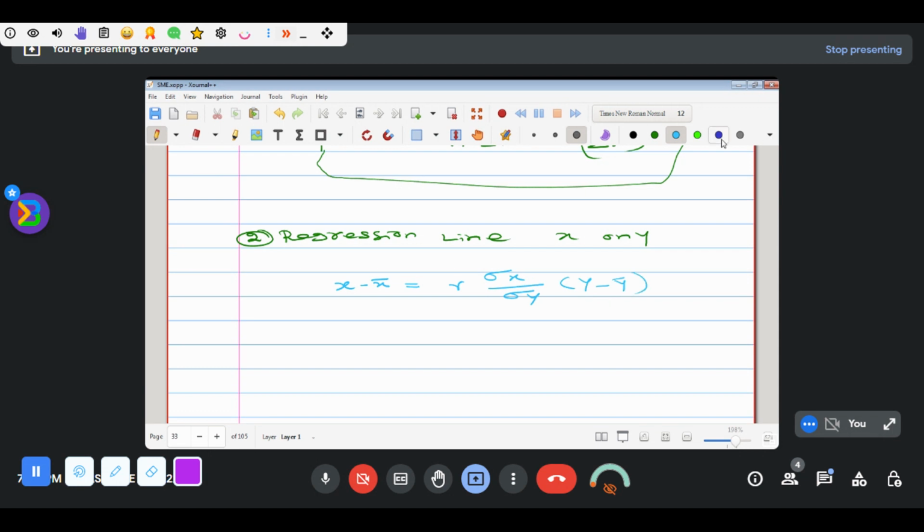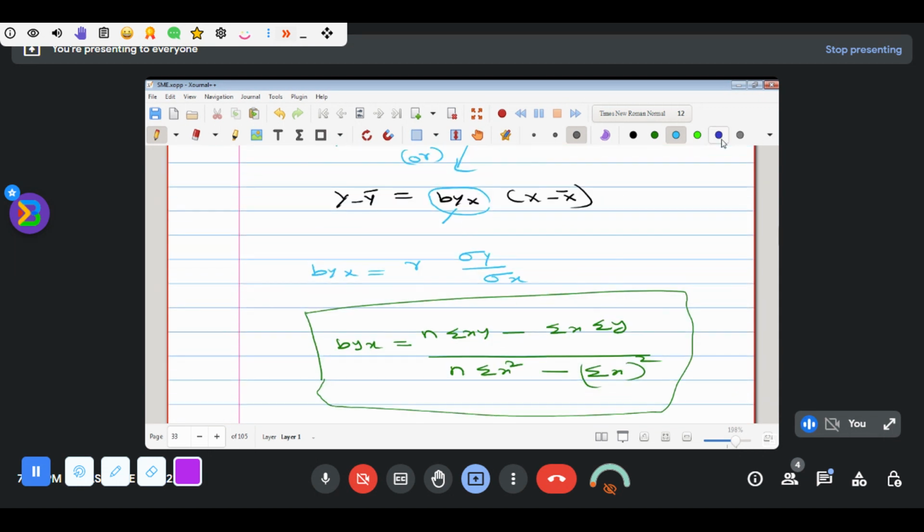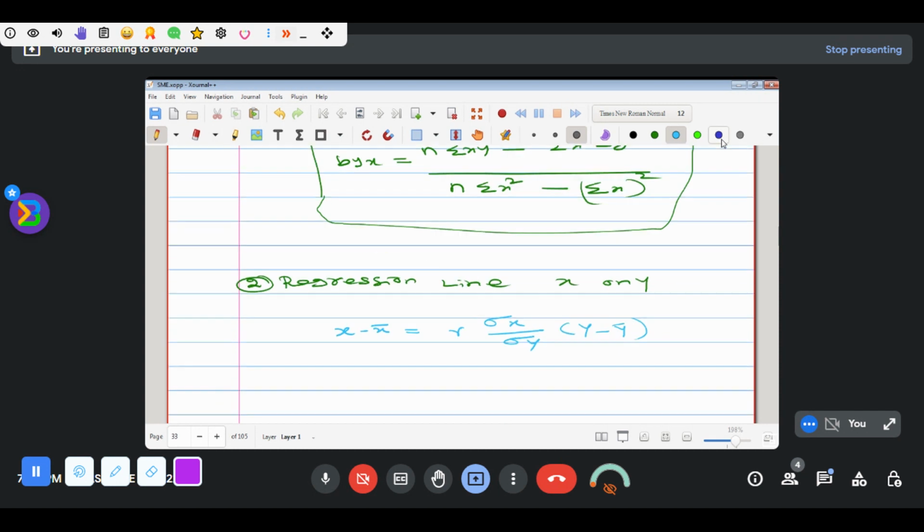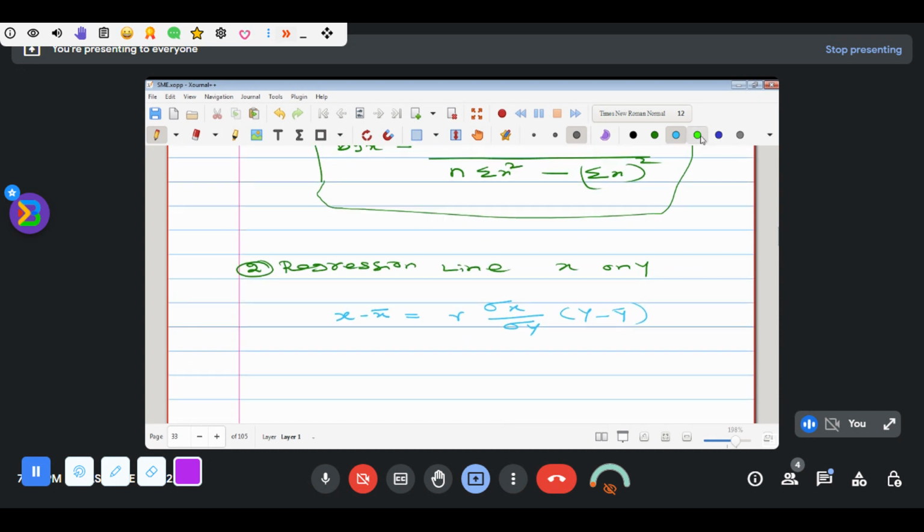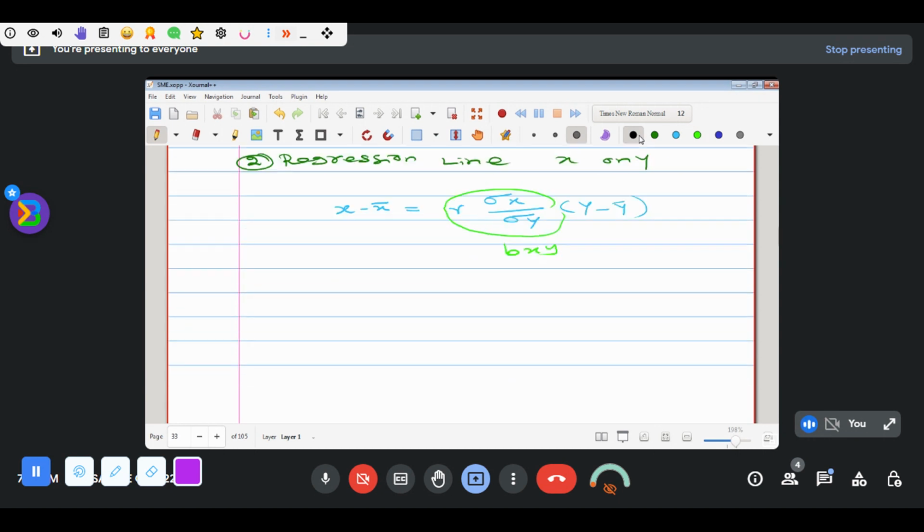Same concept here. Note that byx is replaced by bxy. Therefore the x on y equation can be written in another format: x minus x bar equal to bxy into y minus y bar.